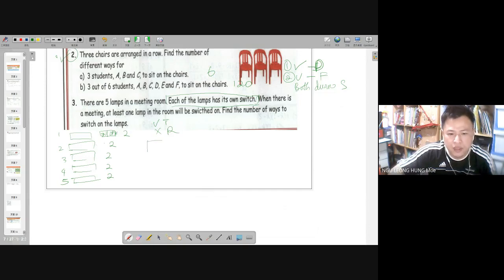Now you see, I draw out a box. 1, 2, 3, 4, 5. The first one, you have 2 options. Second one, also 2. Third, also 2. 2, 2, 2, 2, 2.